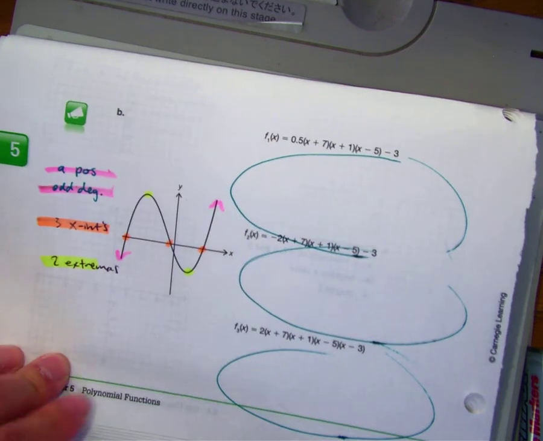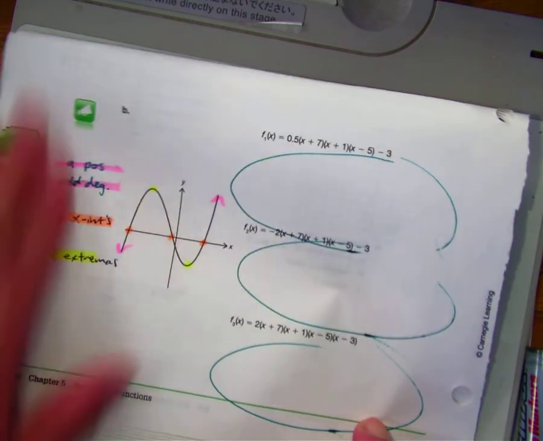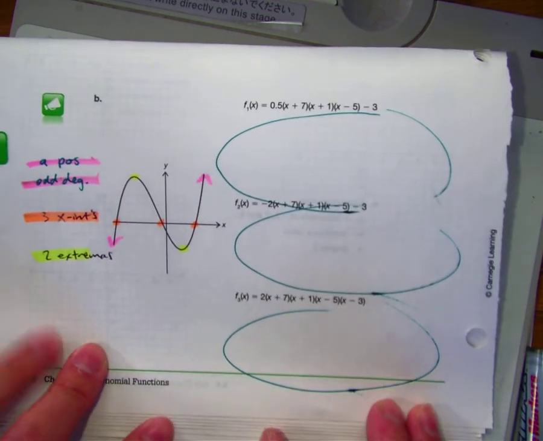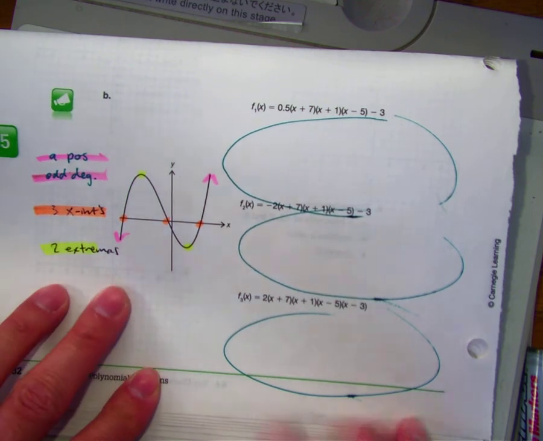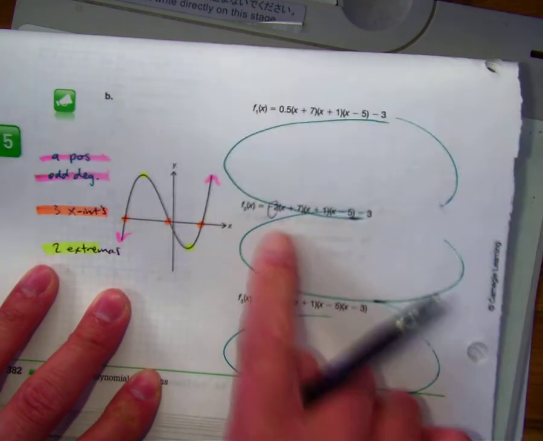Now with this information, I can look back at each of my equations and figure out which ones I can keep and which ones I'll eliminate. Notice how this one has an A value that's negative.